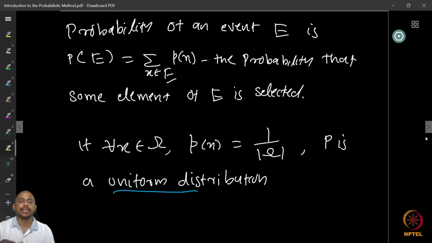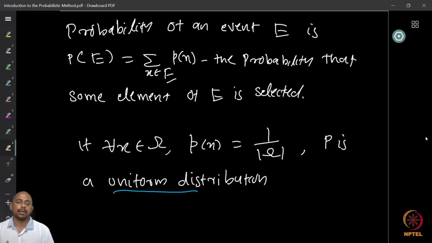Now, the probability of an event is defined to be the sum over all the probabilities of the individual elements of E. So the summation over all x belonging to E of p of x gives the probability that some element of E is selected. That is the probability of the event E itself.